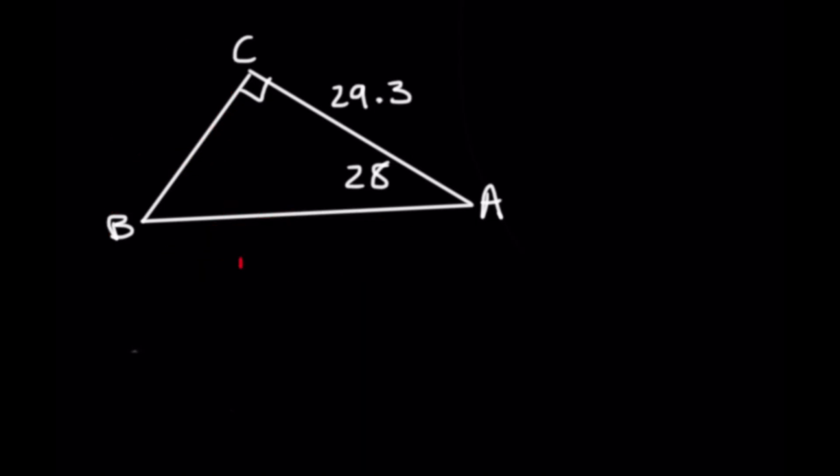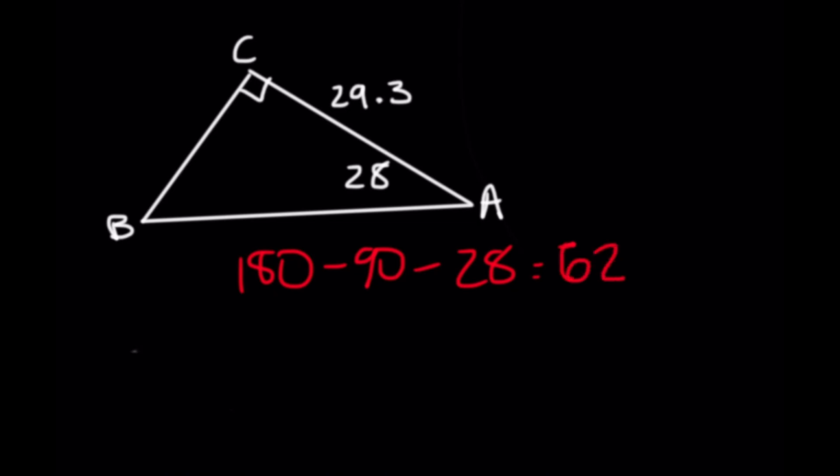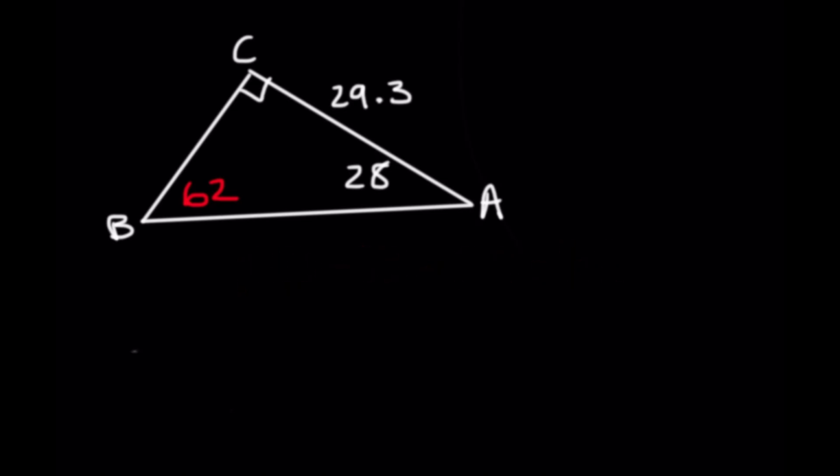Already off the bat, we can see that we can solve for this missing angle right here, because we know that all angles add up to 180, so let's just subtract. And that's going to give us 62. And so we can put 62 in here in red, meaning that that was one of our answers, and white was already given.